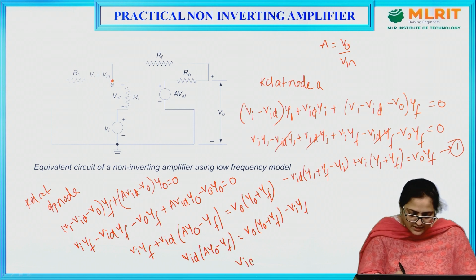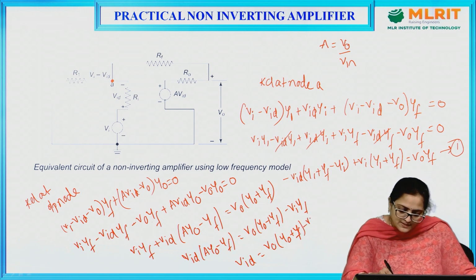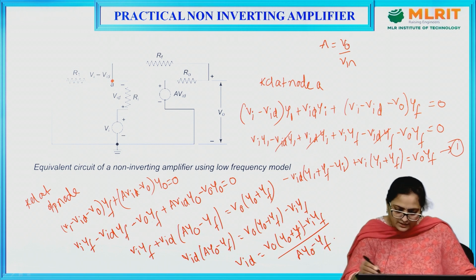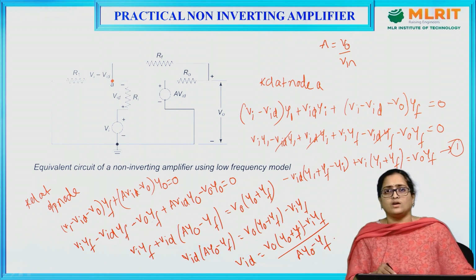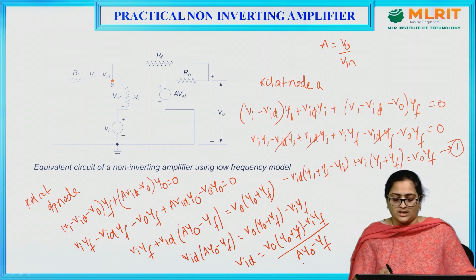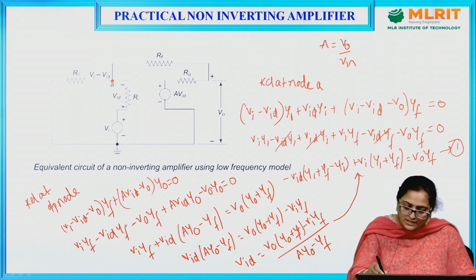So, VID can be given as V naught into Y naught plus YF minus VI YF divided by A Y naught minus YF. So, you got the expression for VID as V naught into Y naught plus YF minus VI into YF by A Y naught minus YF. Let it be equation 2.